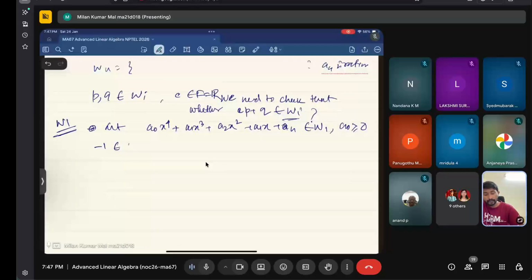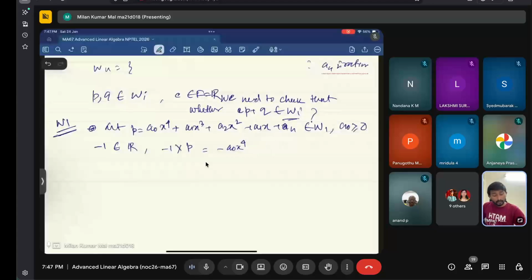Now, if you multiply minus 1 with this P, what do you get? Minus A naught x to the power 4 minus A1 x cube minus A2 x square minus A3 x minus A4. Now, initially we have taken A naught to be positive. For example, let's take A naught equal to 1. So right now it becomes minus 1.